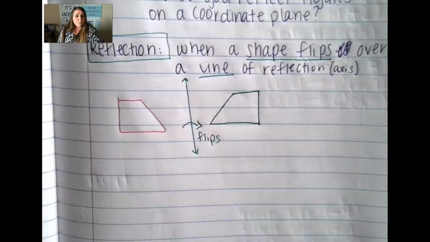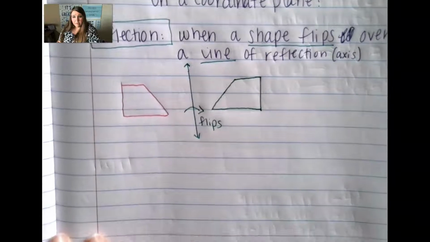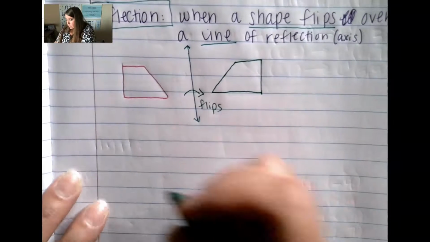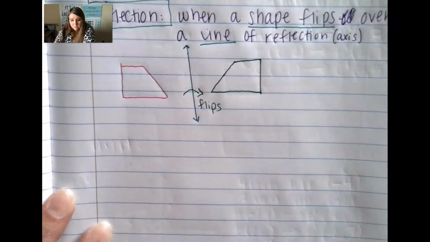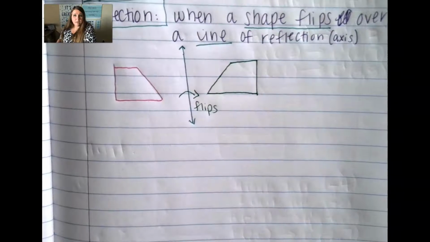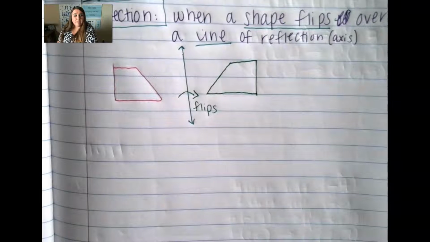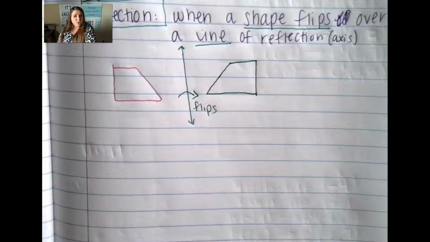Our next step is to tell how you flip over the line. So what do we do to flip the shape? Let's talk about the different ways that you can know when it's flipped in words. If it's reflected in the x-axis, the value that's going to change is the y value.